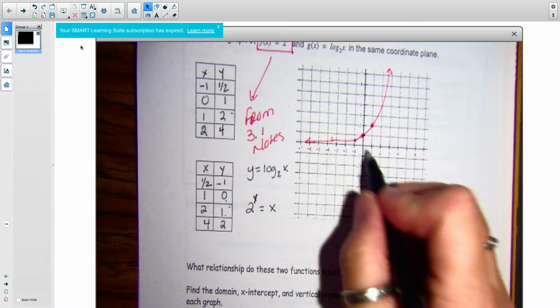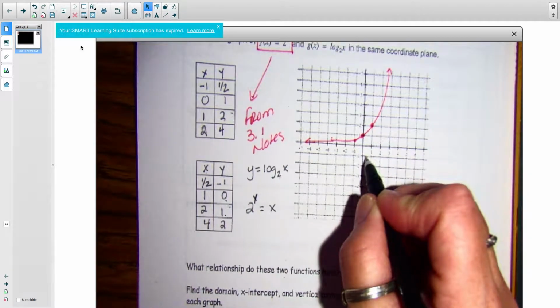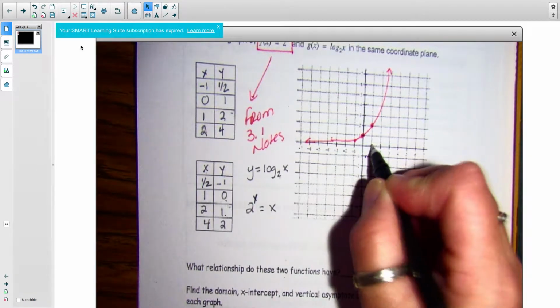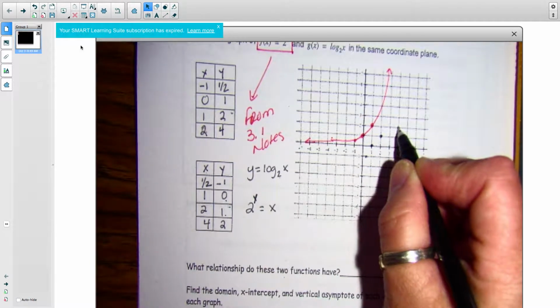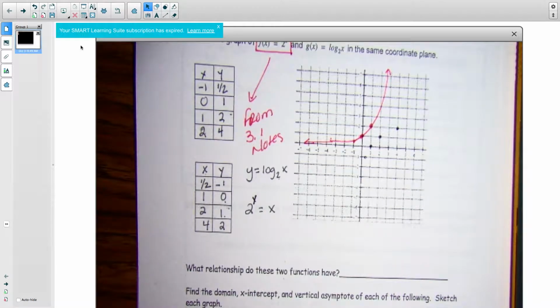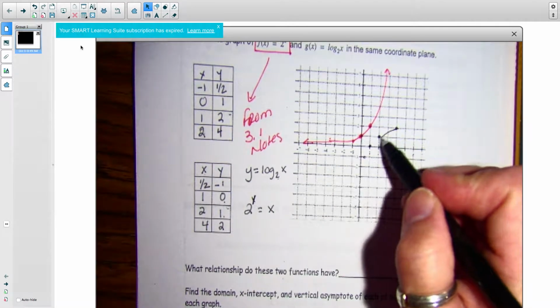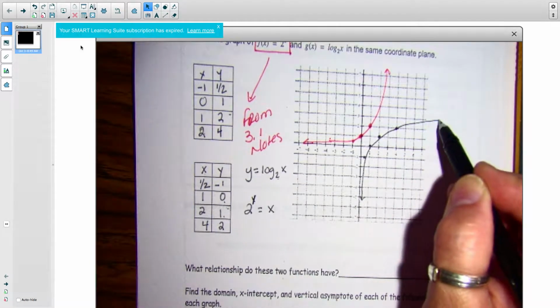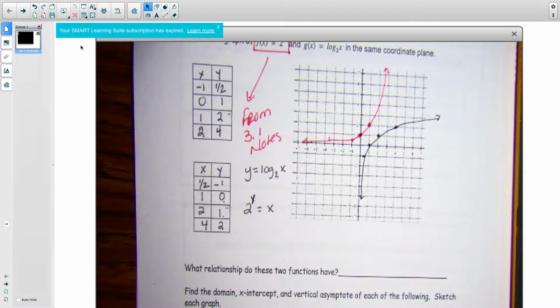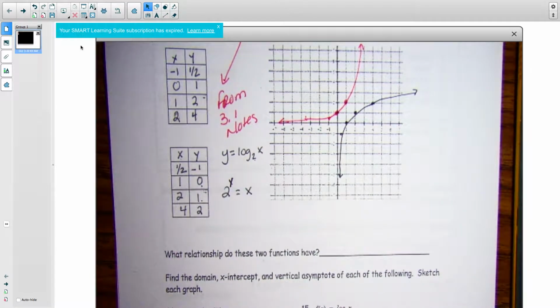So I go over a half, down 1; 1, 0; 2, 1; 4, 2. If we just flip the ordered pairs, what can we say about these two functions? They're inverses of each other.